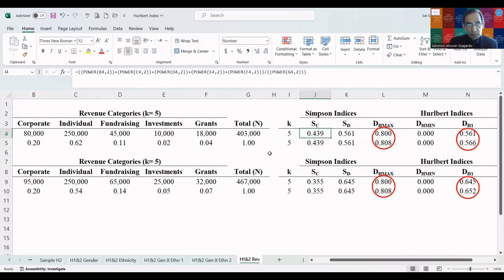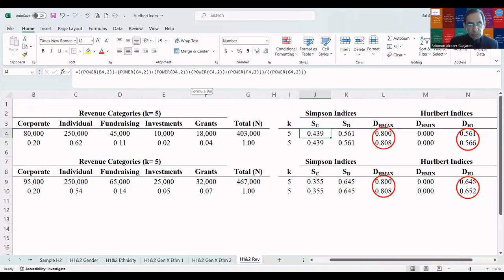Again, I can use the frequencies to calculate the Simpson concentration or similarity score. I can use the percentages. Whether I use frequencies or percentages, I have to square each frequency and percentage.